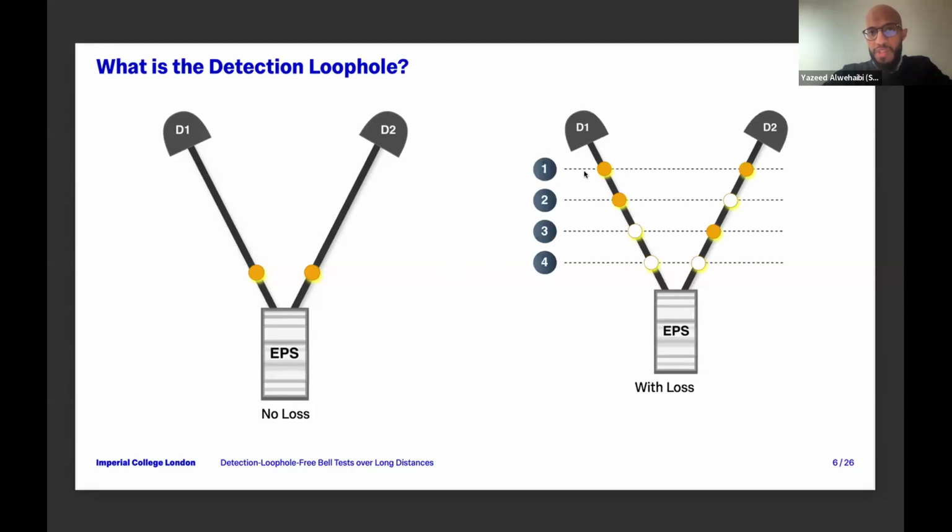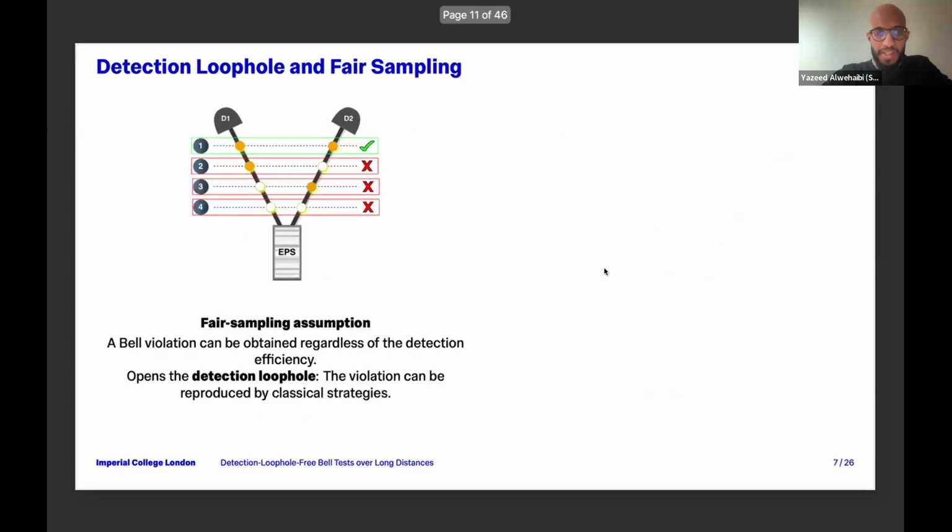We have the ideal possibility of the two photons arriving. We have the possibility of one photon being lost and the other arriving. And then we have the possibility of the two photons being lost. Now, if you want to do a Bell test and calculate the S parameter, you can use different strategies in the realistic scenario.